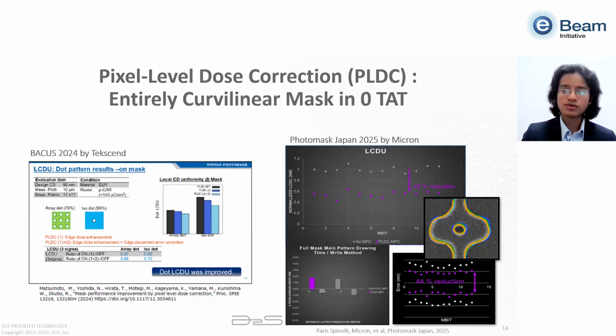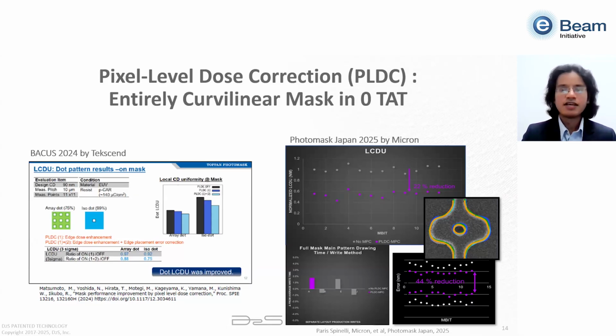And it was also noticed that even the linearity got improved. So all the EPE errors were much smaller than not using PLDC. And we had 44% reduction. They also did a study of figuring out whether indeed PLDC is zero turnaround time.